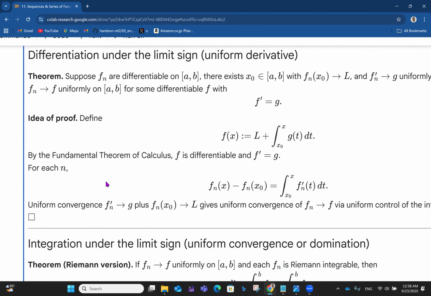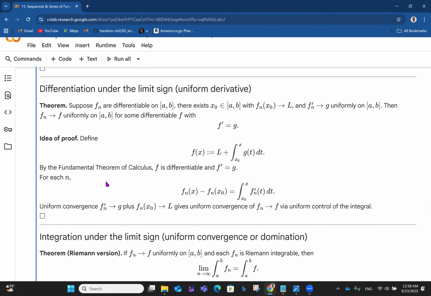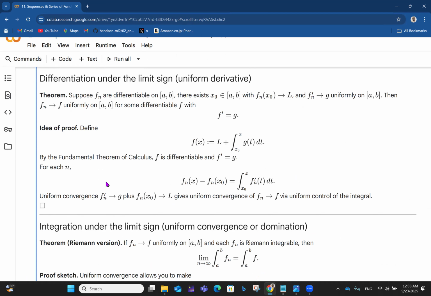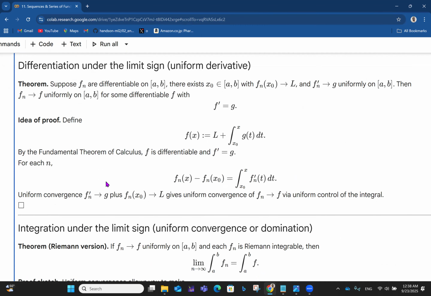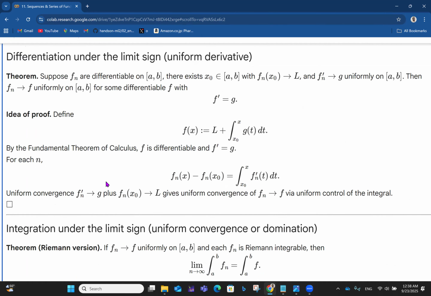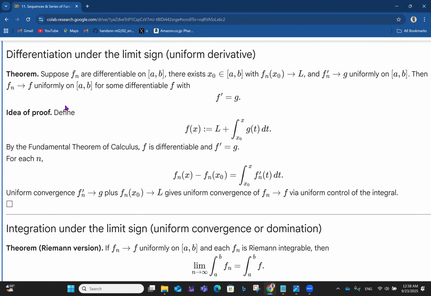Then we talk about differentiation under the limit sign, and then talking about uniform derivative. So here the theorem is, suppose Fn, the sequence Fn, are differentiable on the closed interval a comma b.